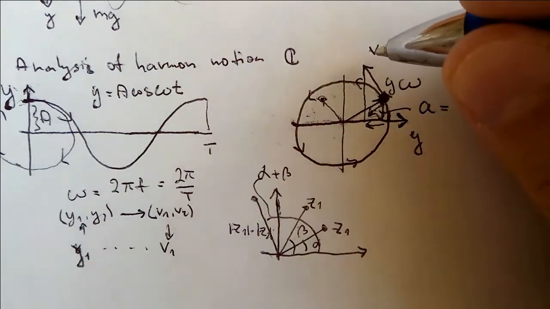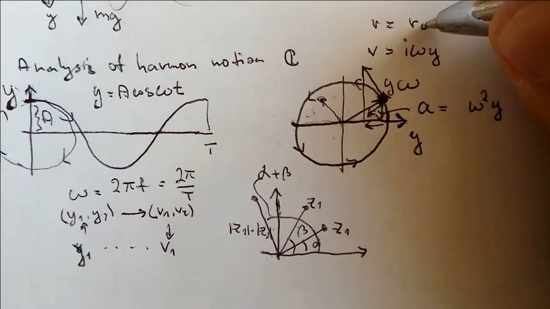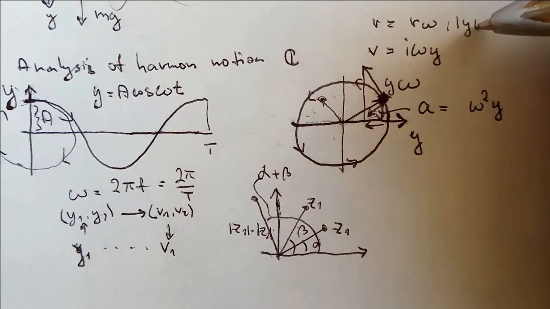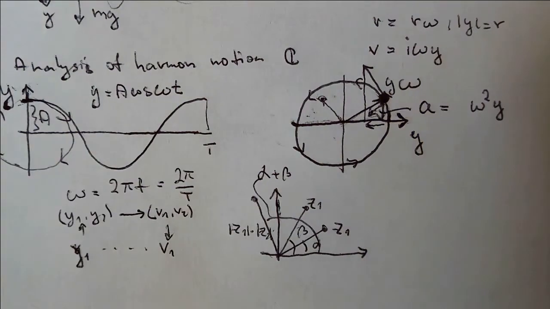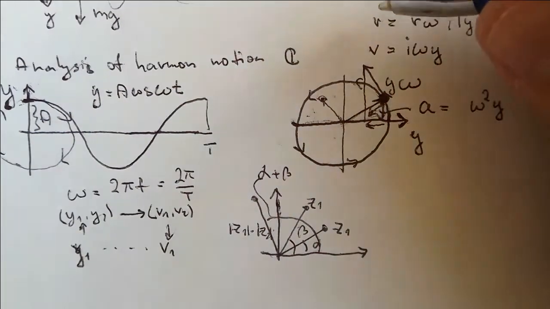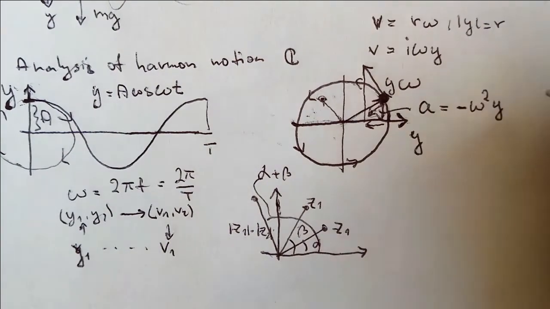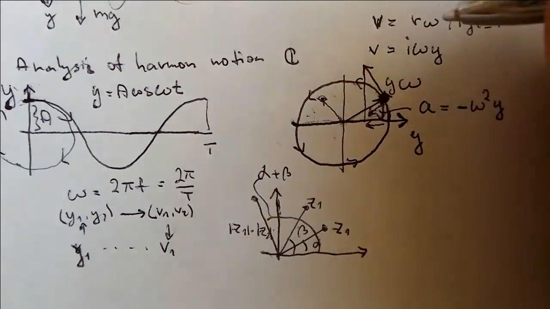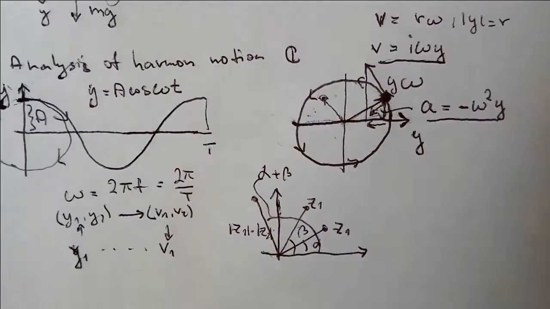When I take the magnitude, you will see that v is r times omega, because r is the magnitude of y. So this is from high school, a very easy formula. Velocity is that, and acceleration is that, but with the minus sign when written with y as a complex number. These two equations are very important, and I will return to them later.